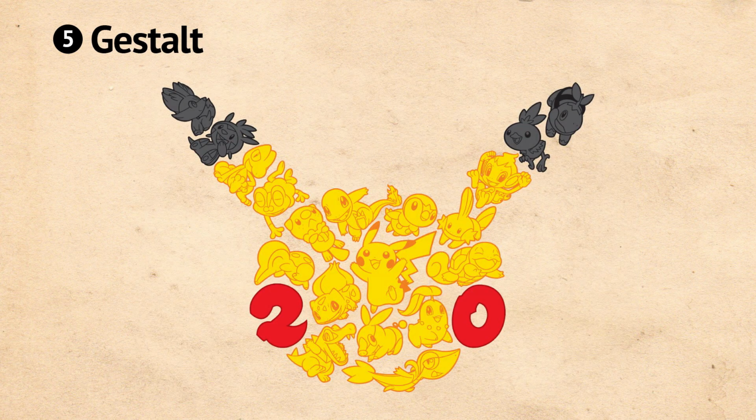The fifth principle is called Gestalt, and this is a rather complicated term, so I'll just put it simply: Gestalt is the concept that the whole is greater than the sum of its parts. When you're looking at an image, you're not specifically focusing on that one paint stroke.